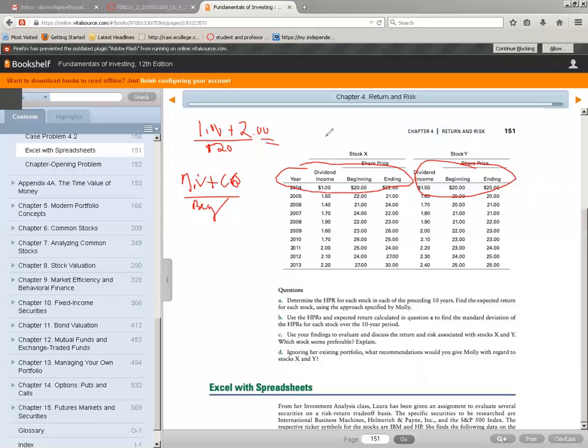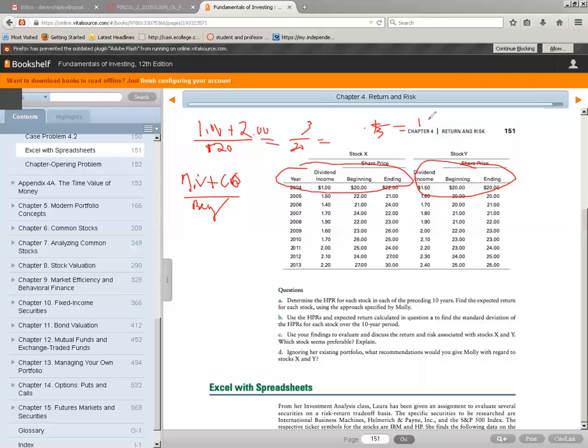In this case, you might have already figured it out, but $3 over 20, if I put that into my calculator, 3 divided by 20 equals 0.15, which in percentage form is what?